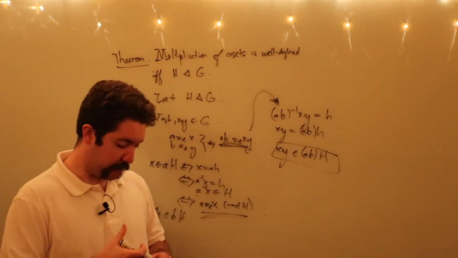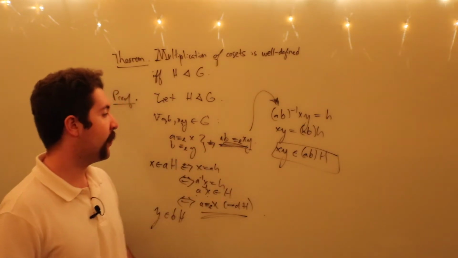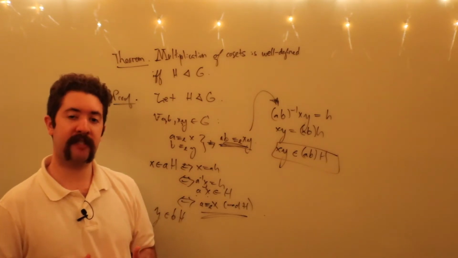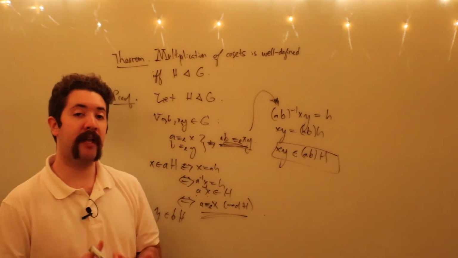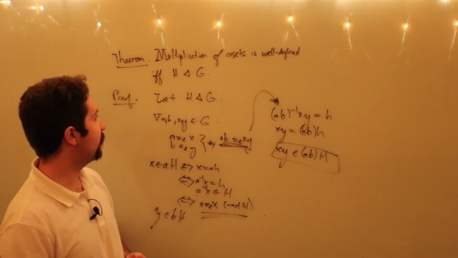And something that might not be clear to you at this point, but is really what's going on behind the scenes here, the reason we need this to be true is that when we multiply cosets, we don't want it to be dependent on which elements we're choosing. What I mean by that is this.